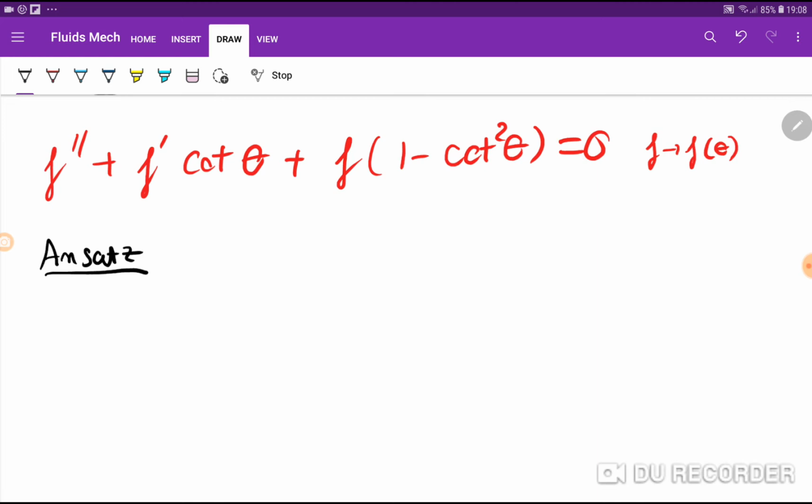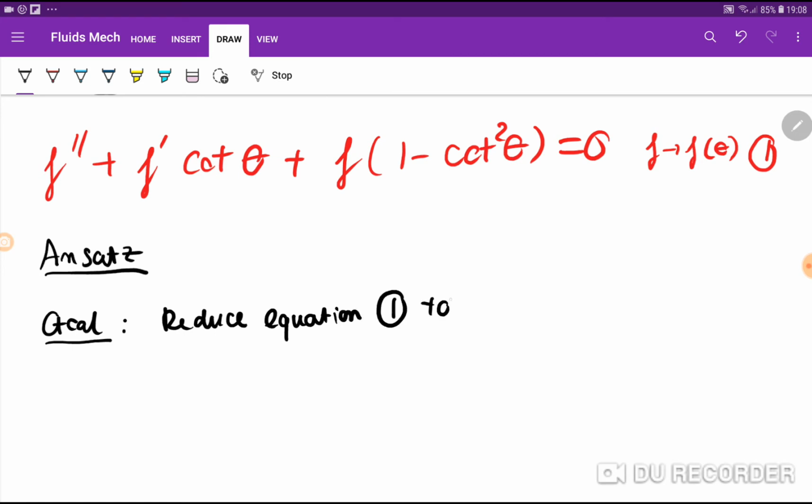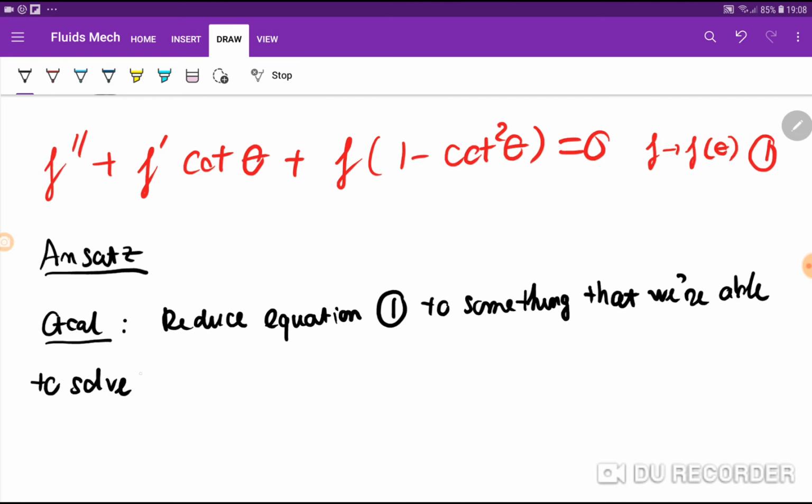So what's our goal right here? Our goal is we have to reduce equation 1, let me name this number 1, to something that we are able to solve, right?